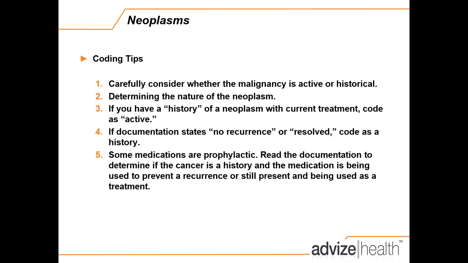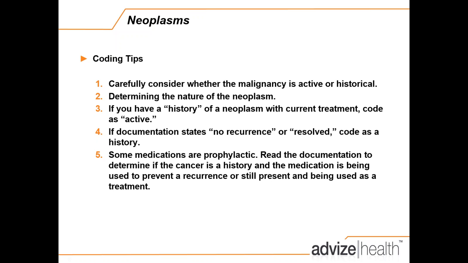Let me back up. Neoplasms, and these are some coding tips for neoplasms. Carefully consider whether the malignancy is active or history of, determining the nature of the neoplasm. If you have a history of a neoplasm with current treatment, code the active. If the documentation states no recurrence or resolved, code the history.